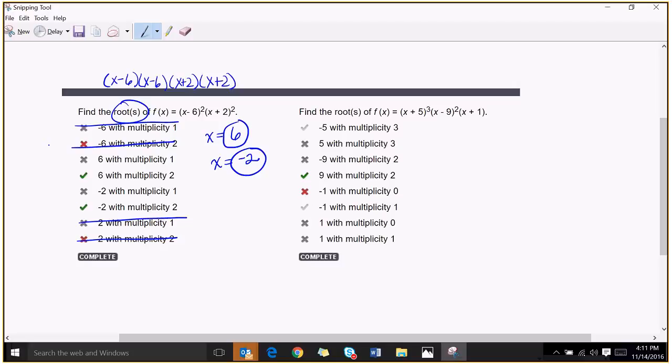Okay, so these are my only options. For the 6, it appears twice, so the answer is 6 with a multiplicity of 2. And the negative 2 also appears twice, so that's negative 2 with a multiplicity of 2.